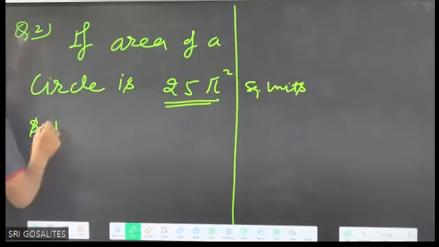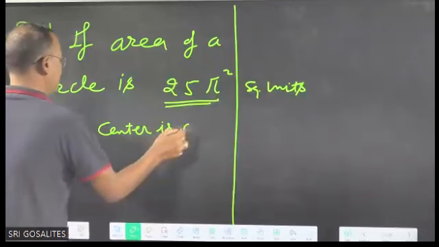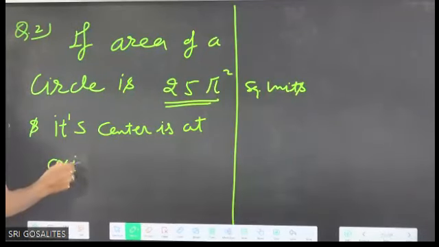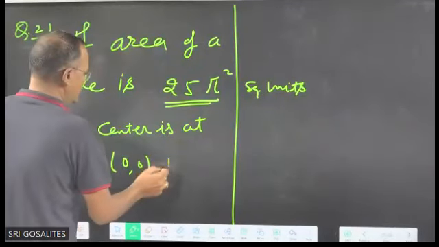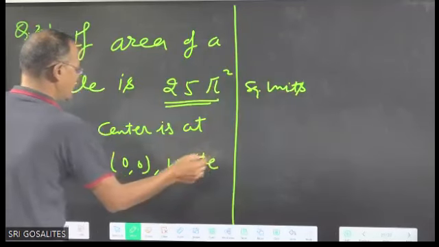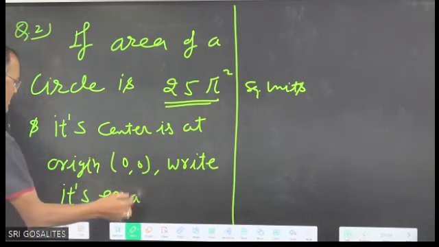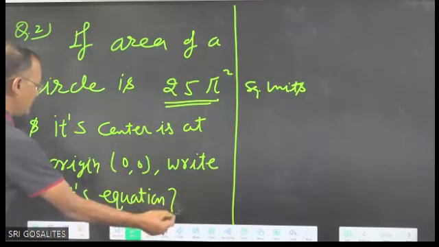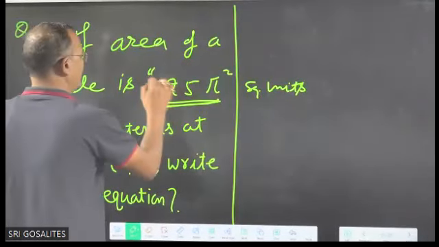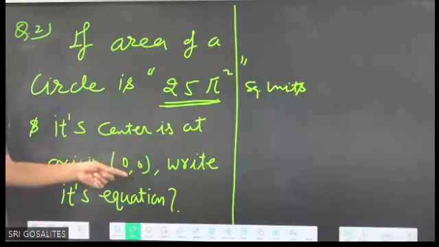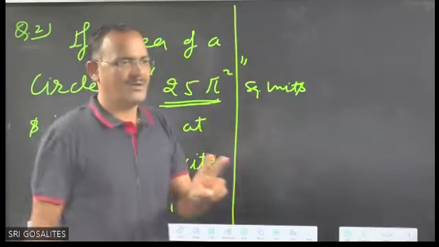Fine, and its center is at origin 0, 0. Then write its equation. So मतलब we have a circle जिसका एरिया कितना है 25 pi square and center कहां पर है? Its center is at 0, 0. Then find its equation. Come on, 2 minutes for all of you.